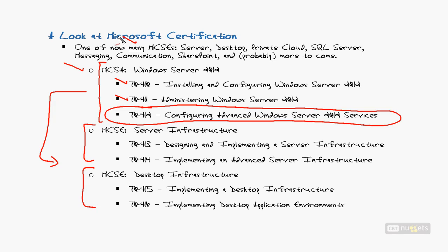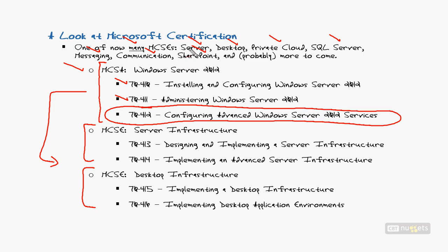It used to be you got an MCSE and that was it. These days you get an MCSE in server, and desktop, and private cloud, SQL Server, and a variety of other Microsoft technologies. So they're technology oriented as opposed to being just one big MCSE for everything like they were back in the days before the MCITP.